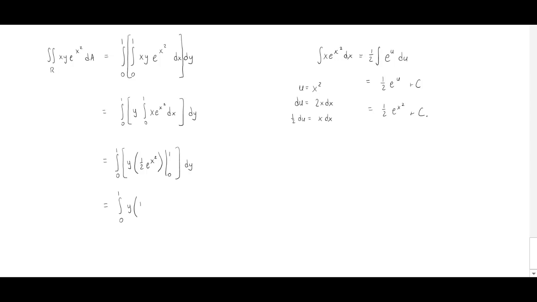And then minus, plug in 0 for x, so it'll be minus 1/2. Now at this point, everything in the parentheses is actually a constant. So I just need to integrate y, so it'll be y squared over 2.